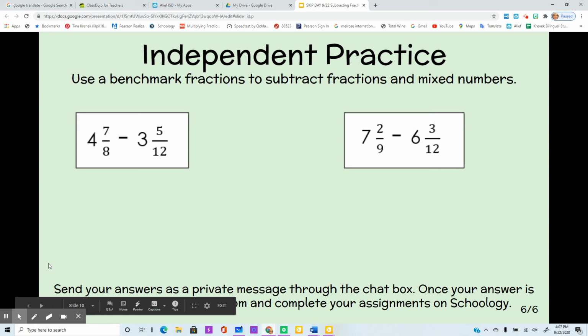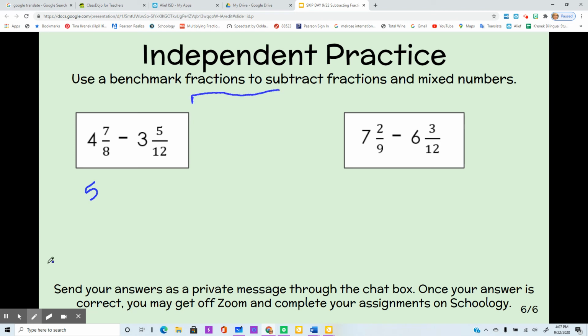Okay, 4 7/8 minus 3 5/12. So again, we have 7/8, 7 out of 8. So we can just automatically say that that is 5. 3 5/12. Well, what's half of 12? 6.